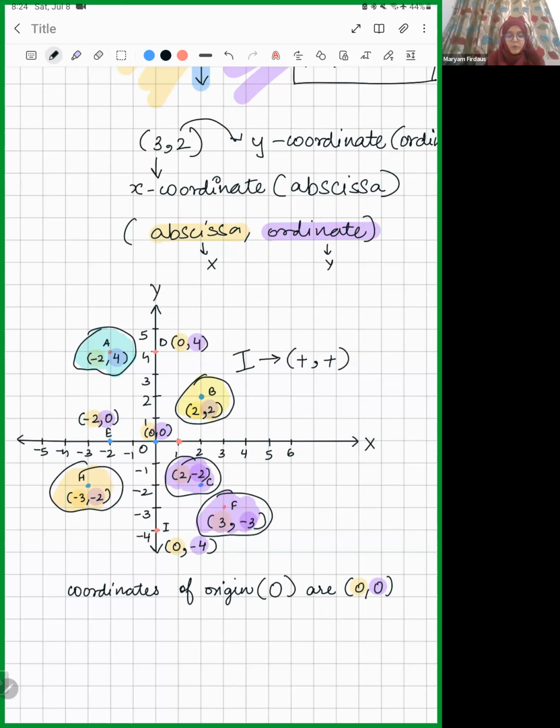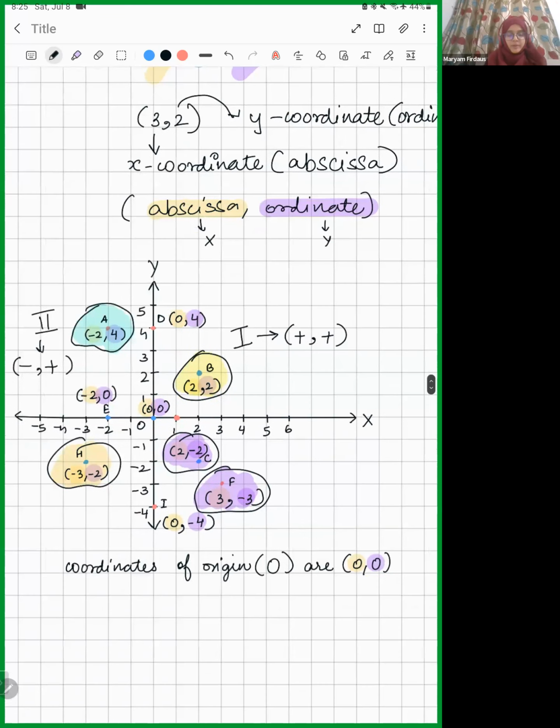Now, Abdul Rahman, what can you tell me about any point that will lie in the second quadrant? The y ordinate would always be positive, and the x ordinate, I mean abscissa, would always be negative. Abscissa will be negative and ordinate will be positive. Very good.